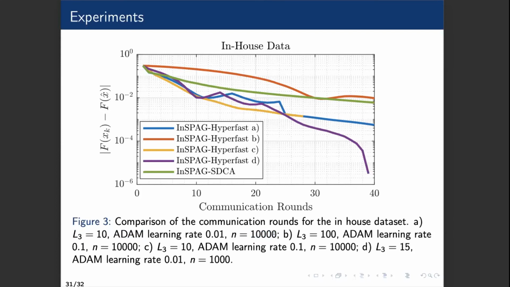It's rather interesting that you can see from the blue one and the purple one that in the purple variant we have fewer data points on the central node, but we actually converge faster, in communication rounds and also in time, because the inner subproblem will be easier, so we will converge much faster for such a variant.